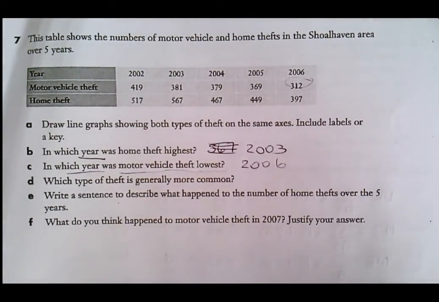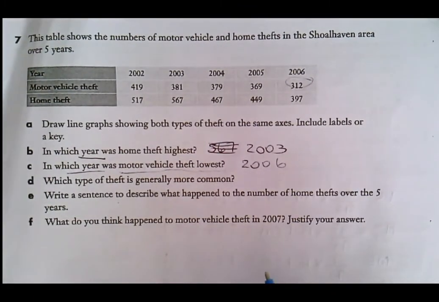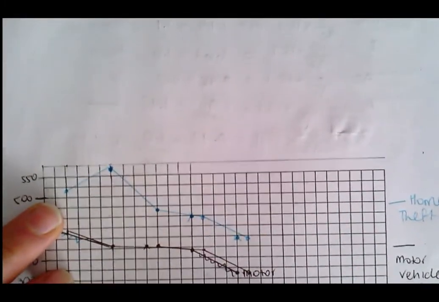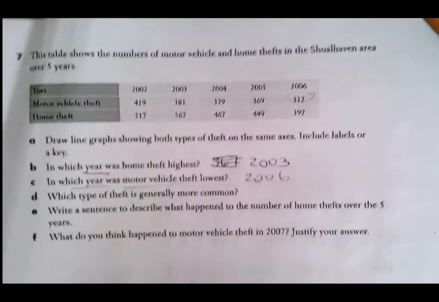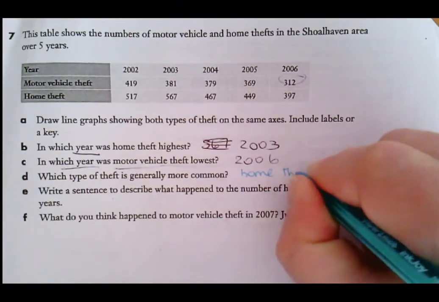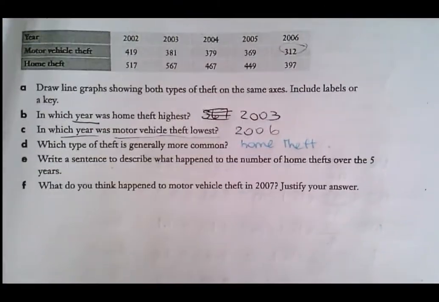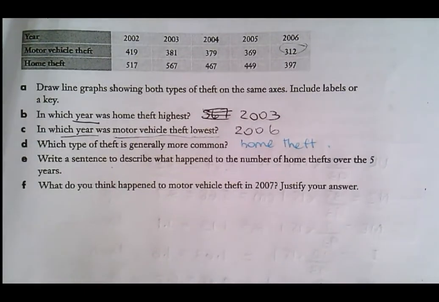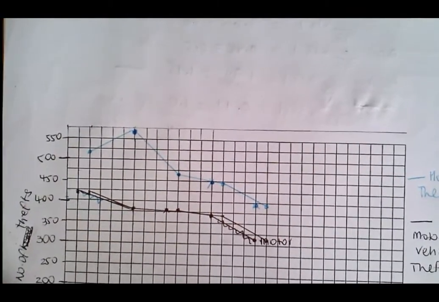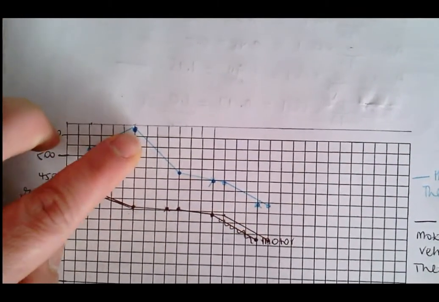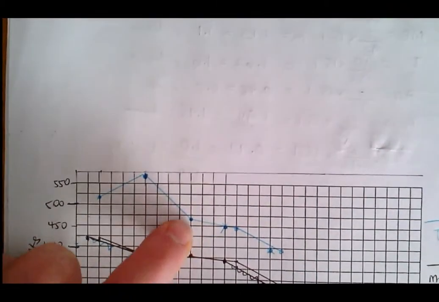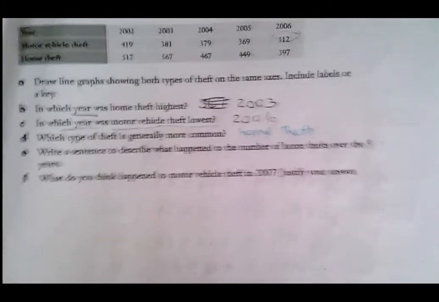Which type of theft is generally more common? Just looking at these values, you can see it from your graph. The home theft values are higher. The graph gives a really good indication of that. Write a sentence to describe what happened to the number of home thefts over the 5 years. I would look at the graph. It spiked from 2002 to 2003, but then it sharply declined, and then was on a steady decline after that.